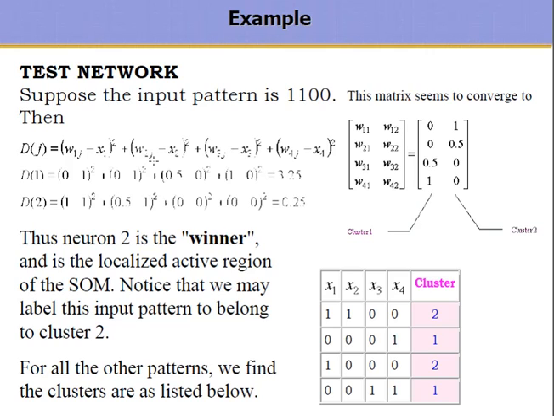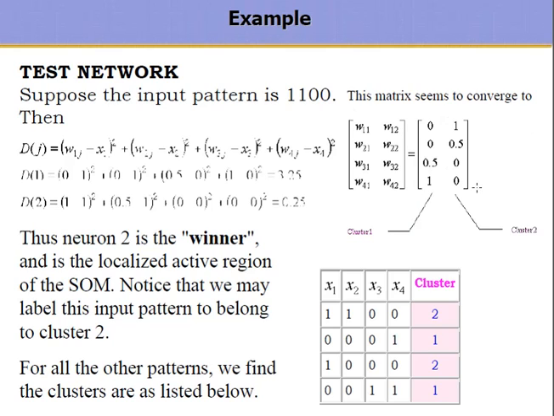You can also test your trained network. In order to test it, we can provide a test input pattern, which is 1100 in this case, and see whether our matrix is converging or not, right? We can use the same formulations which we have already used.